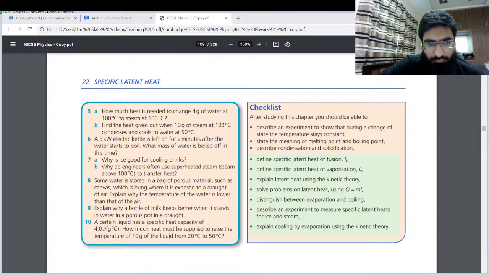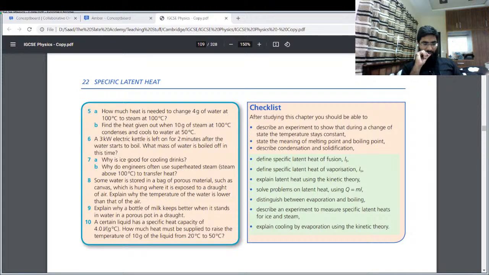Again, this is also about the same thing, specific heat capacity. For 8 and 9, that is the reason. For 9 as well, heat energy would make milk go bad.